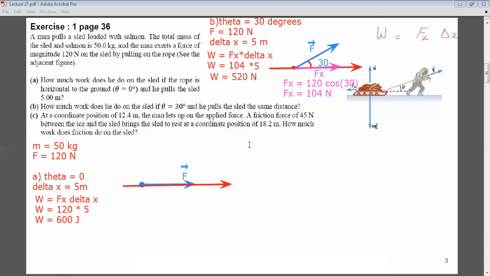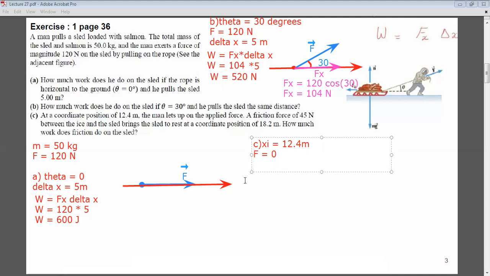Okay, part C, let's do it here. At a coordinate position of 12.4, so at x initial equal 12.4 meter, the man lets up on the applied force. So no more force.